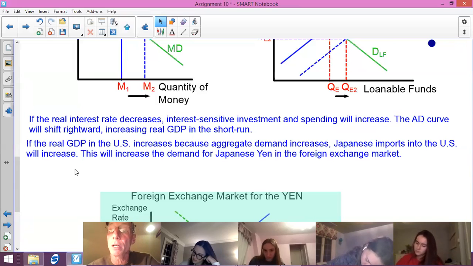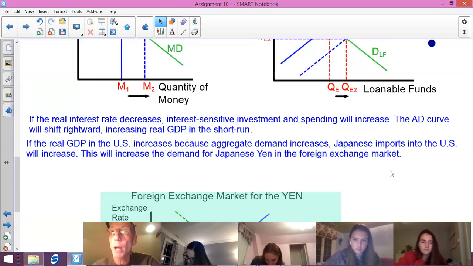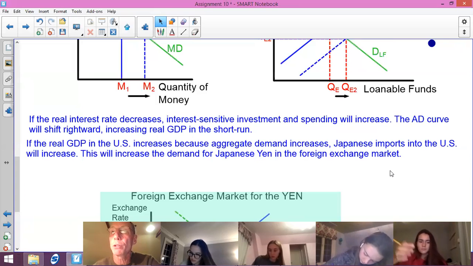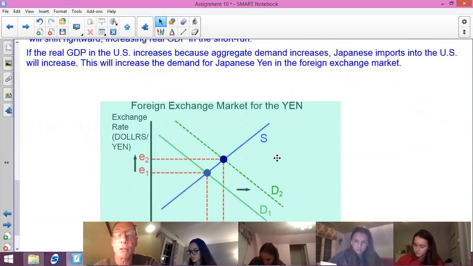So that means that Japanese imports are going to increase. And this will increase the demand for Japanese yen in the foreign exchange market. Because remember, if the U.S. imports goods from Japan, they first have to buy Japanese yen, or exchange dollars for yen, in order to buy anything made in Japan. So what that means is that there's going to be an increase in demand.